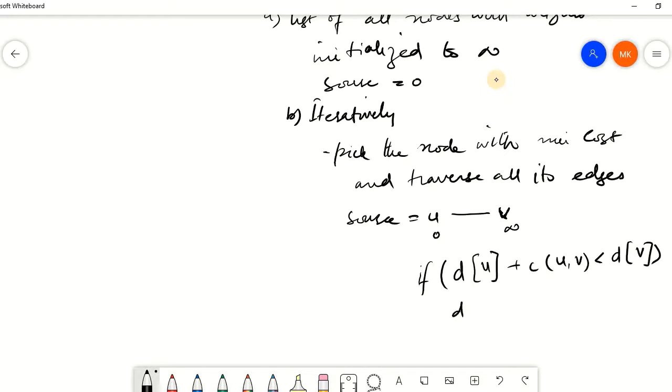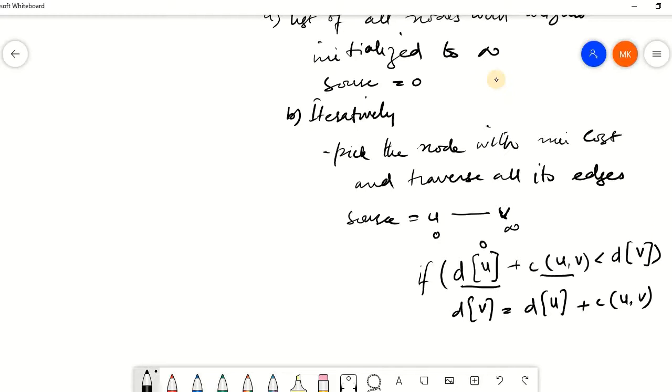So d of v is going to be updated with d of u plus the cost of u to v. Since this is infinity, and the cost that we have at source is 0, whatever the cost of this edge is, it's going to update the weight of the vertex v. The distance of u at the current point is 0.